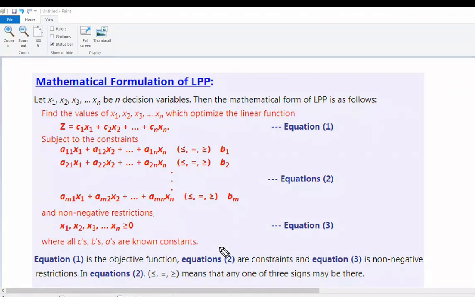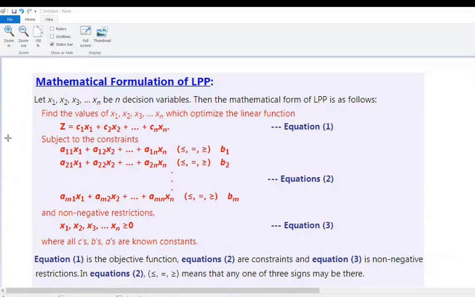The equality and inequality constraints are to be defined with proper parameters. This is the mathematical formulation used for linear programming problems, the mathematical representation. You can remember this because it is used to define the functionality itself.